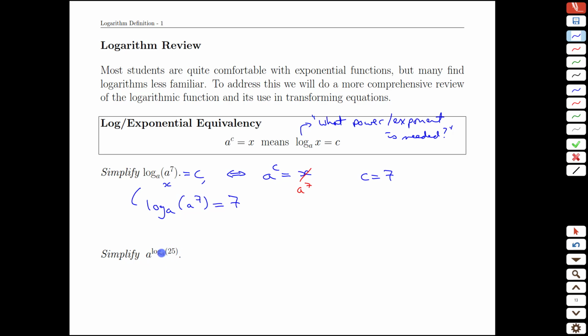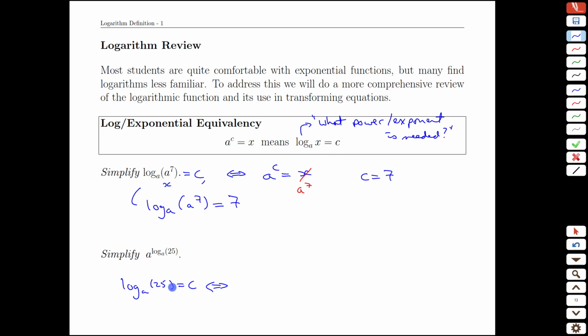In the second example, what we can do is recognize that we basically have this form here, a to the power c equals x. Let's give the log base a of 25 a name, and let's call it c to match the term up here. If we define this relationship, then what we can also say is that we actually have this relationship now for a moment. Log base a of something equals c.